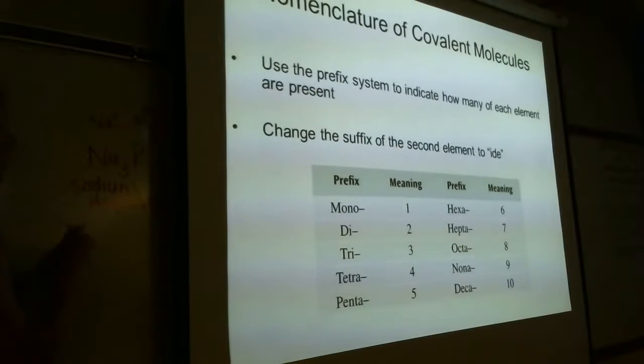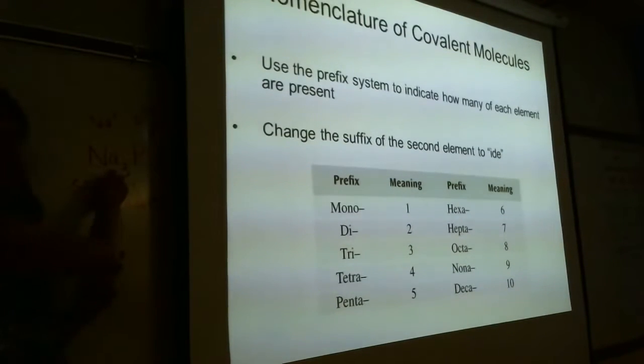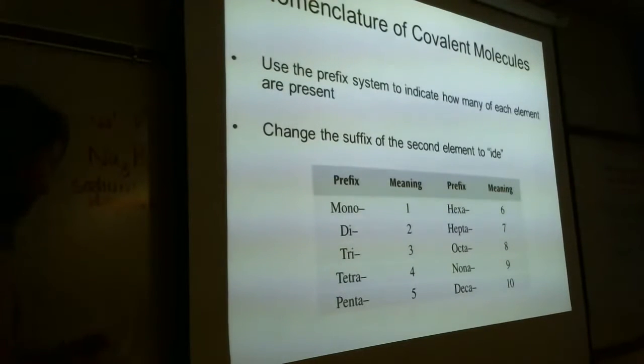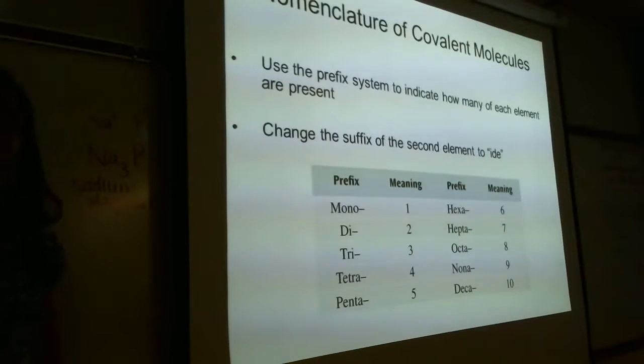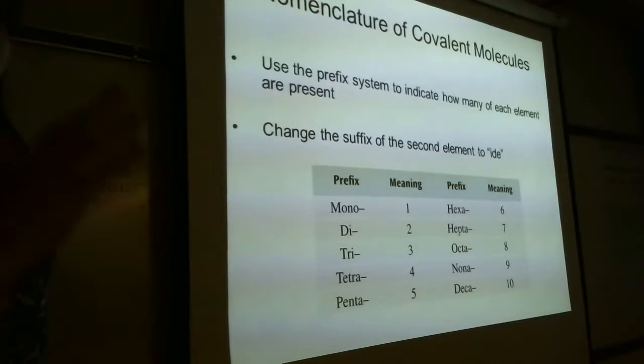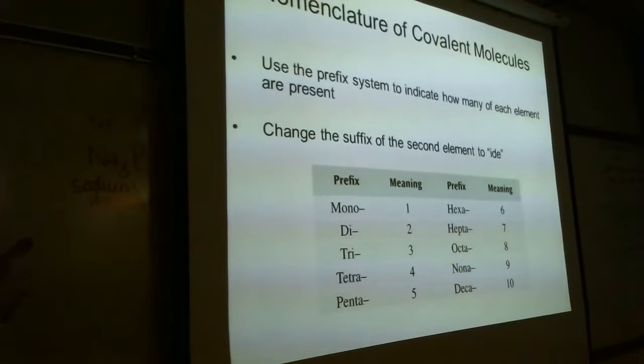In covalent naming, those subscripts do factor in. The subscripts are part of the name. That's another dead giveaway between ionic and covalent bonding, because you're not going to see tri and penta and tetra and octa in ionic nomenclature, but you will see it in covalent nomenclature, because that's a big, big difference.